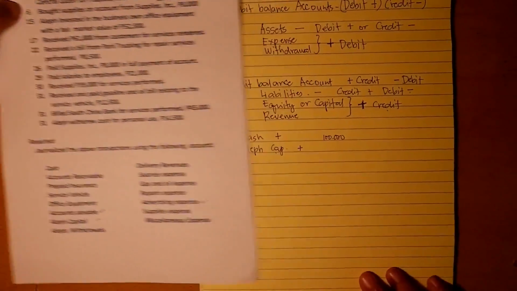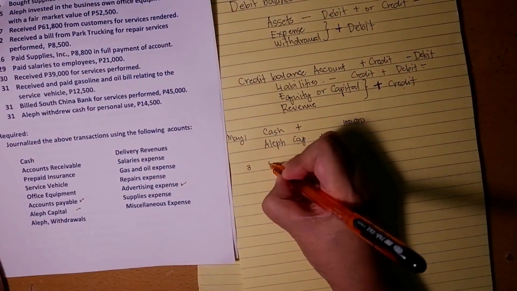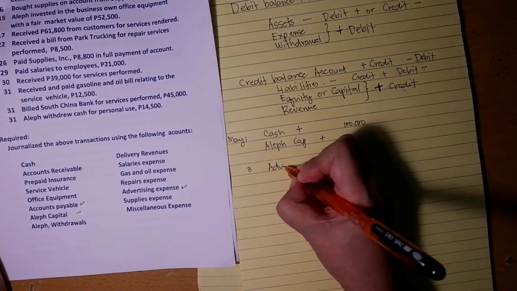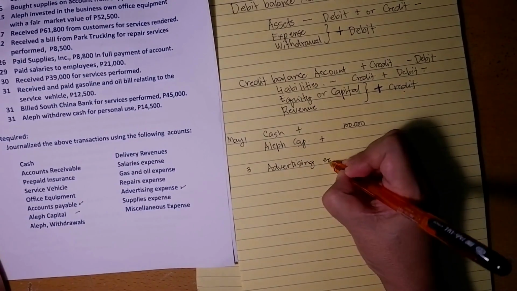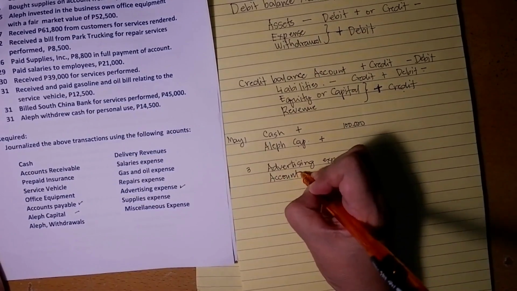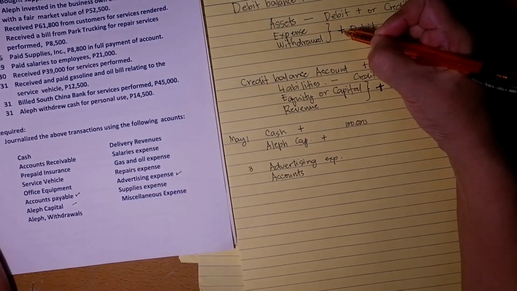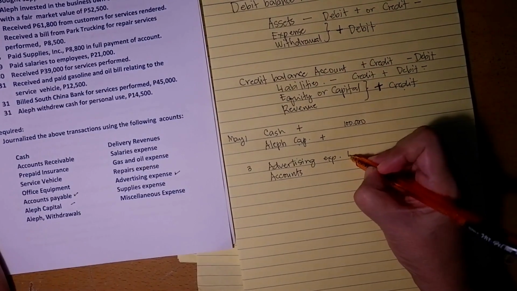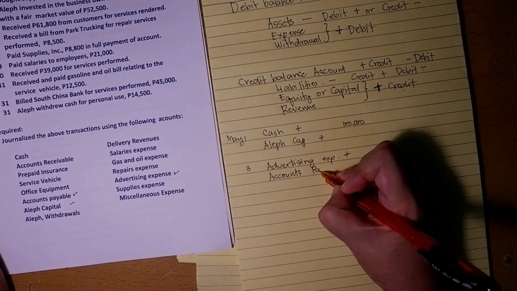18,500. That is May 3. So, we have advertising expense and accounts payable. Okay, advertising expense for our guide is always plus. So advertising expense, that is an expense, it is always plus. And we have accounts payable.